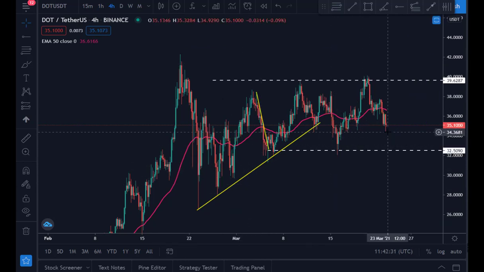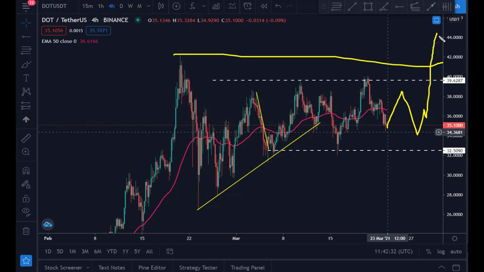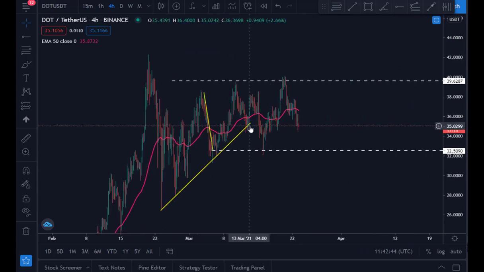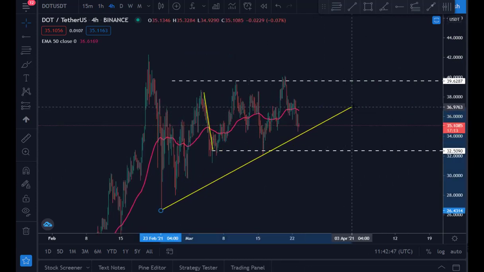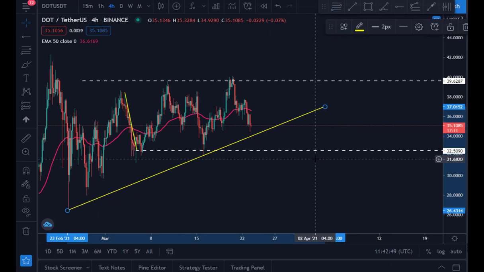What we'll be looking at here is the correction up here. So watch out for this breakout. Once it breaks this and makes this very sharp plunge, then go up, join the trend and you go higher than that. That's what we'll be expecting, guys. They are kind of going sideways.